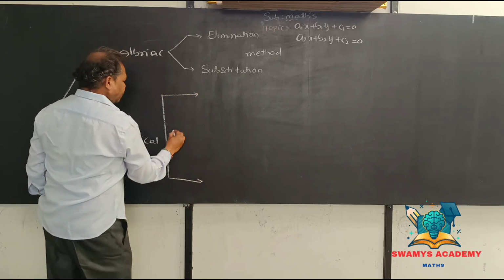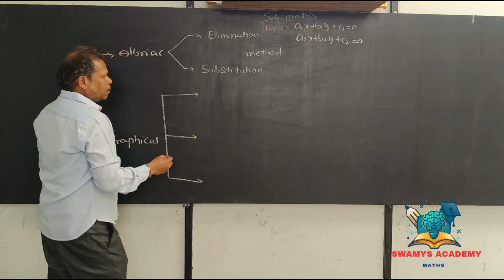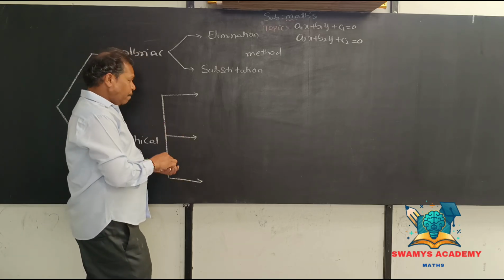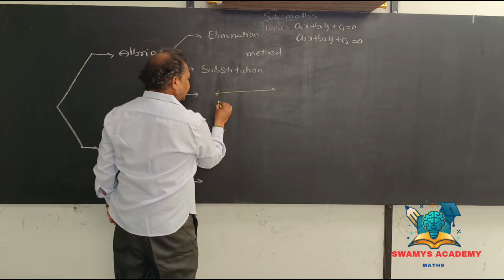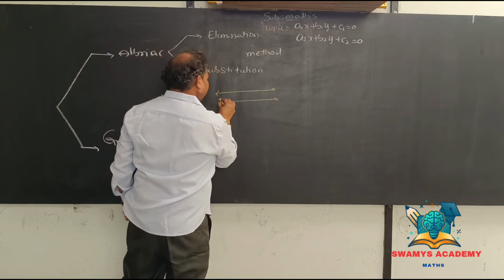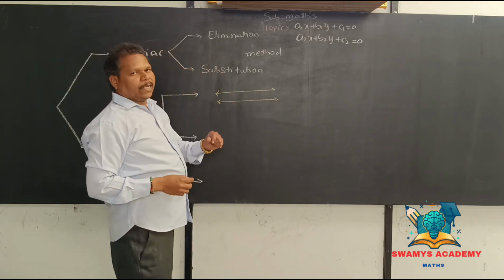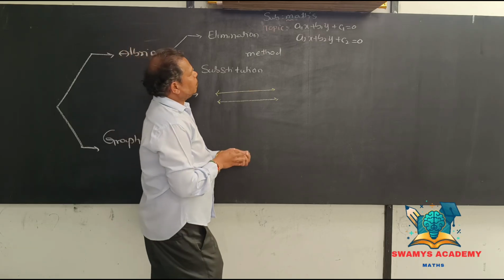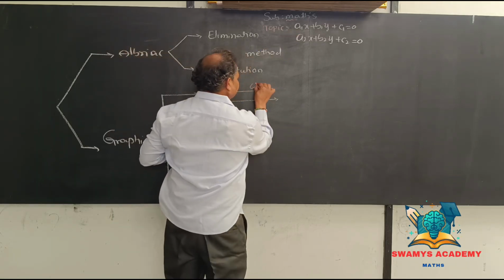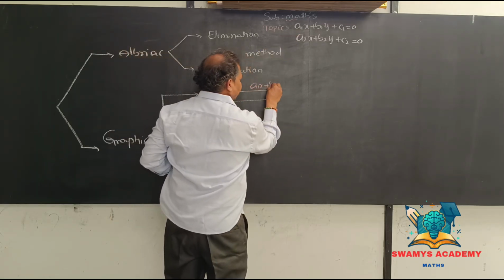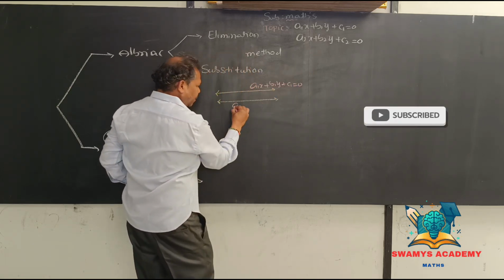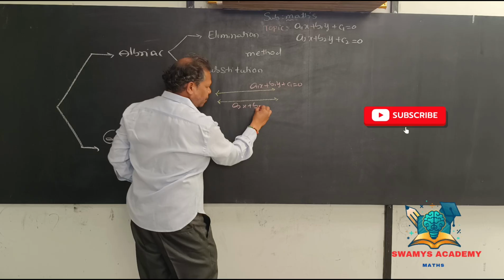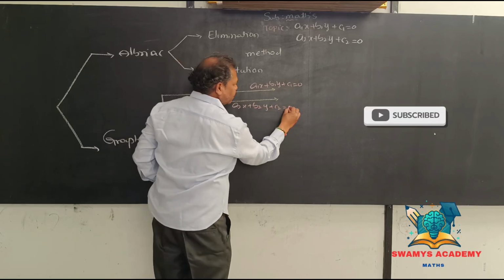So the first case is where the graph lines are parallel. What is the standard form of a linear equation in two variables? That is a1x + b1y + c1 = 0, and another equation a2x + b2y + c2 = 0.